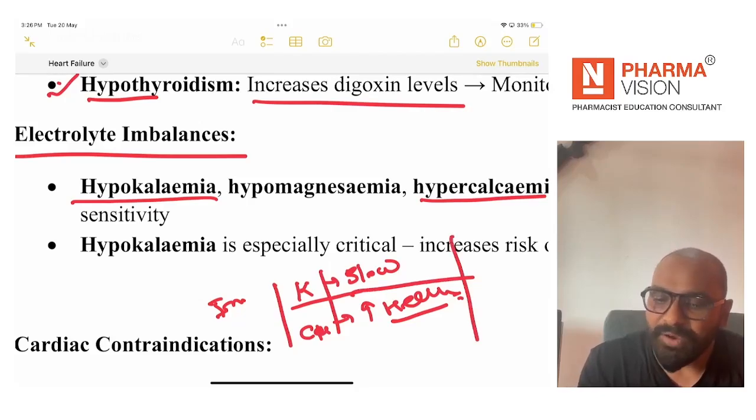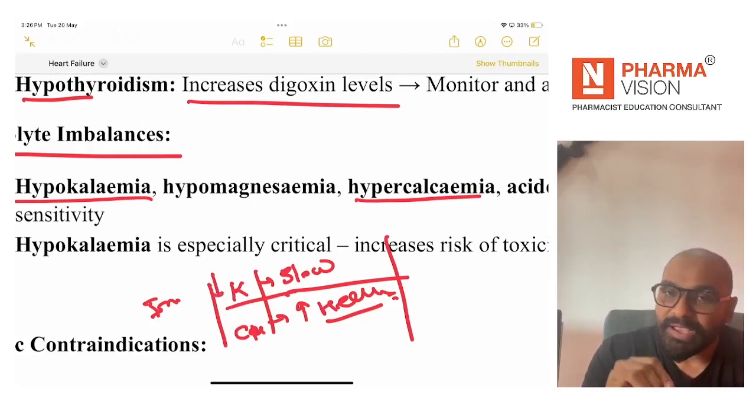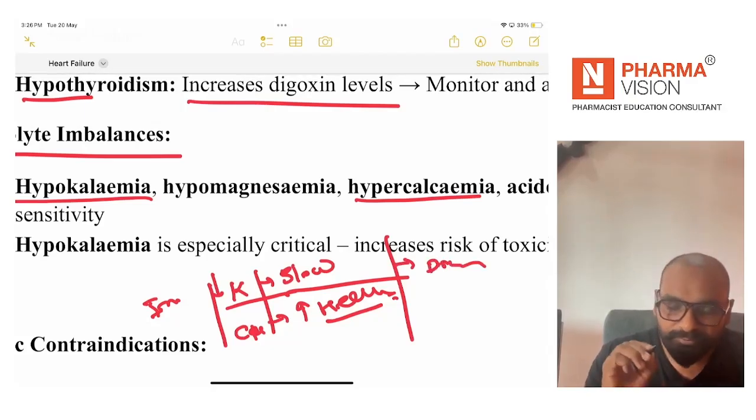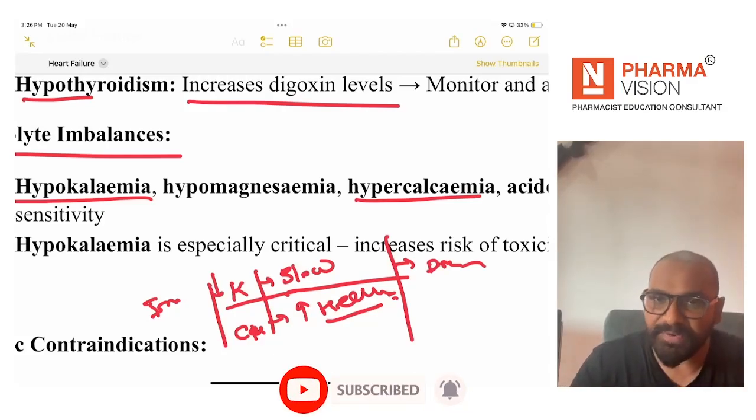contraction. Now, if the patient is suffering from hypokalemia, that means a low potassium level, the heart is relatively responding more to the Digoxin. On the other side, hyperkalemia changes the Digoxin effect.